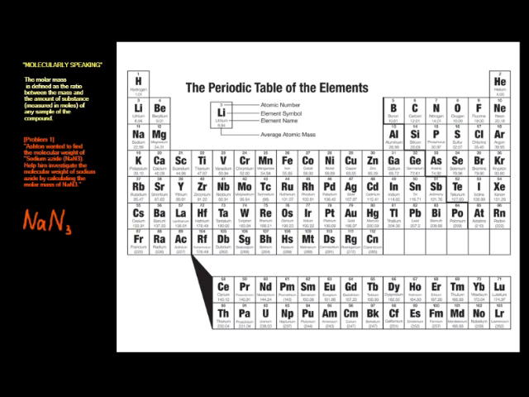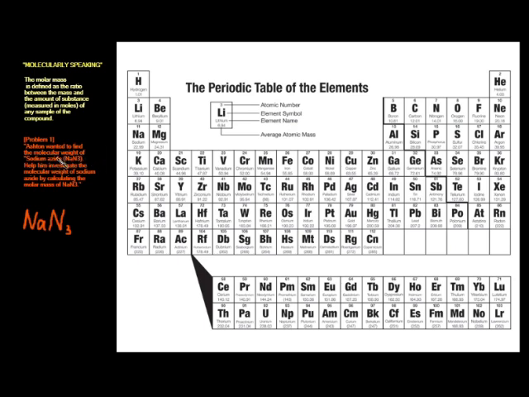Okay, so first off, we have a little problem here, which I'll do as an example just to help you out. Ashton wanted to find the molecular weight, which is the molecular weight if you're in college, of sodium azide.